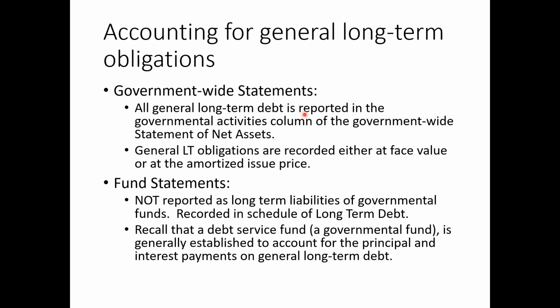General long-term debt is reported in the governmental activities column of the government-wide statement of net assets. We have seen that already. So we do report long-term liabilities, right? In the statement of net assets. And the general long-term obligations are recorded either at face value or at the amortized issue price.